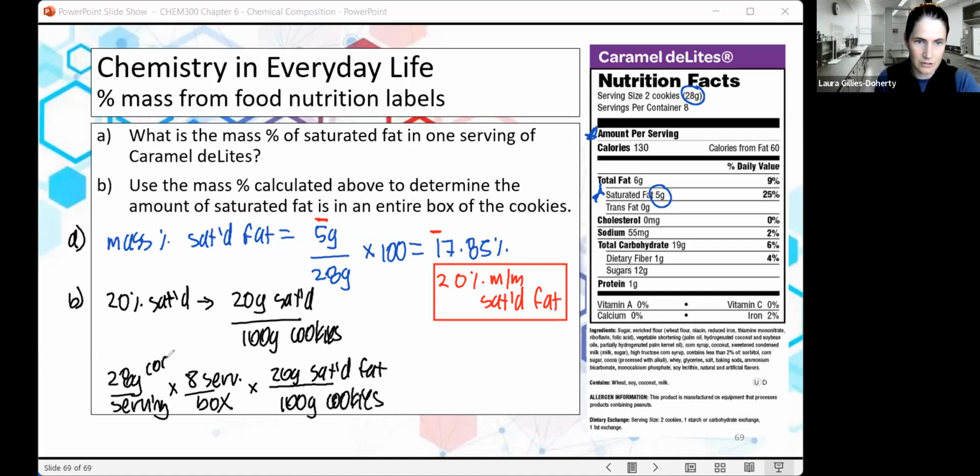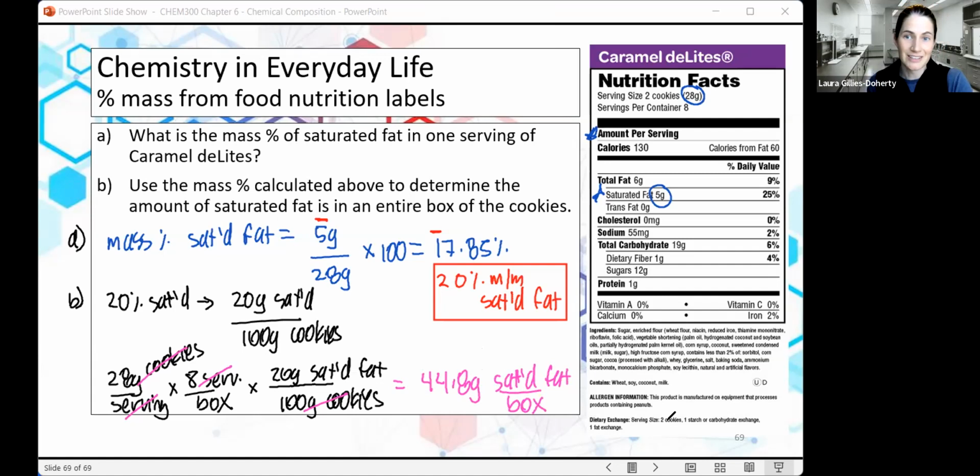This is grams of cookies. So if we check our units here, servings cancels out, grams of cookies cancel out, we end up with saturated fat per box. Okay, so 28 grams of cookies times 8 servings times 20 grams of saturated fat divided by 100 gives me 44.8 grams of saturated fat per box.